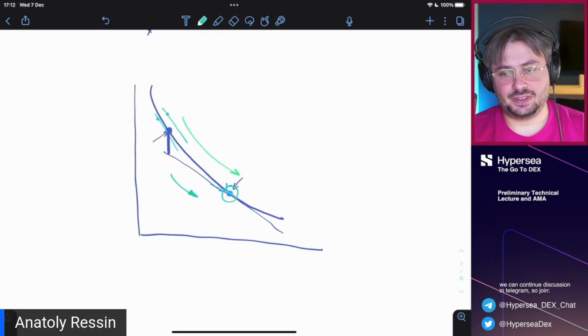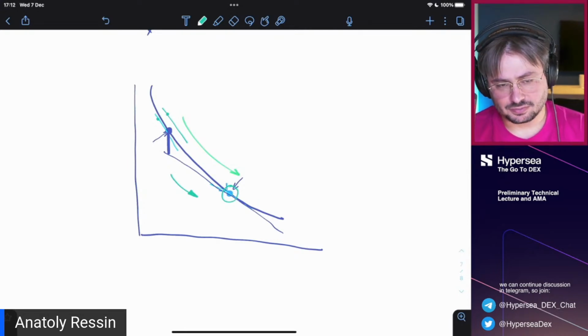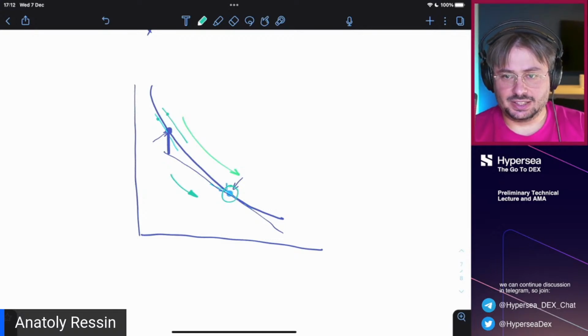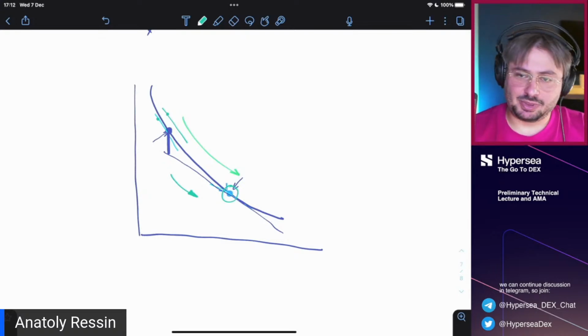If this situation happens, it means that we should never update the price to the same as what is recommended by oracles at the place where we are now.